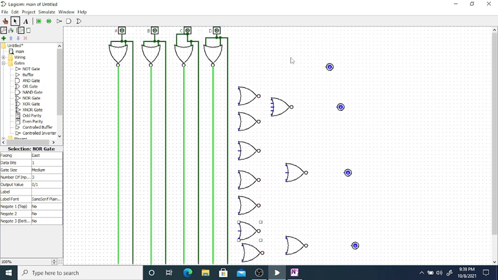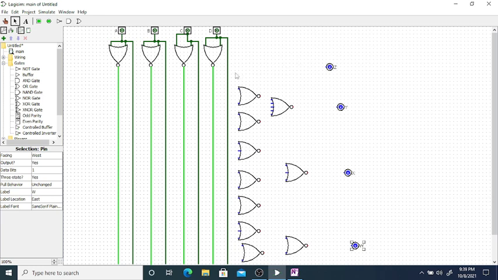So first we will label these outputs as Z, Y, Y, X and finally here as W. So we know that Z is given by D bar.